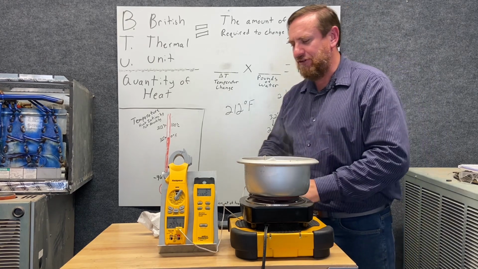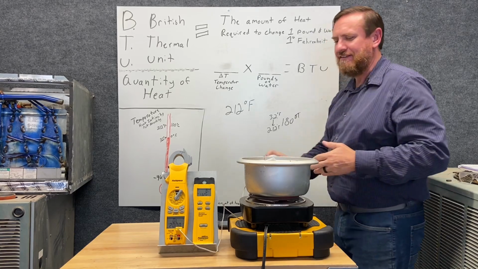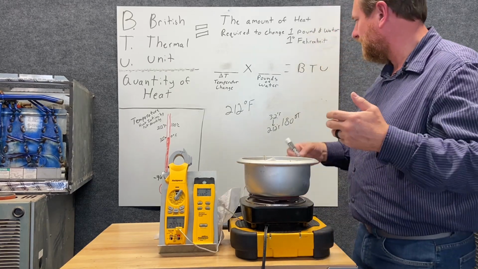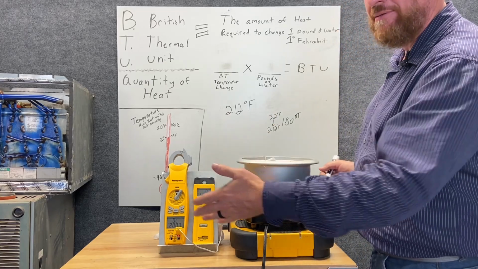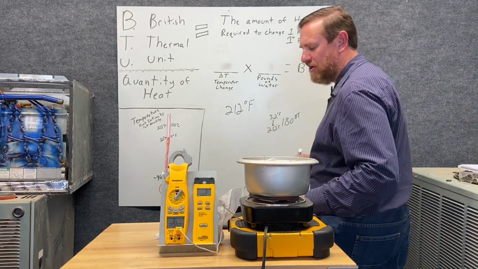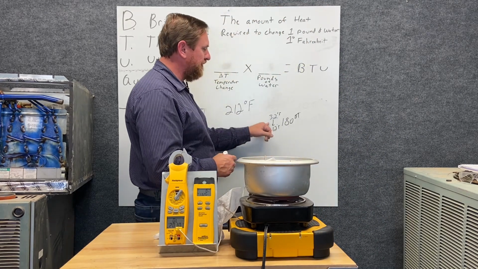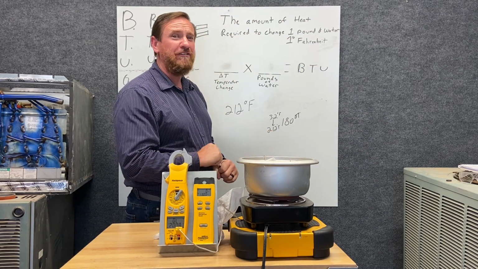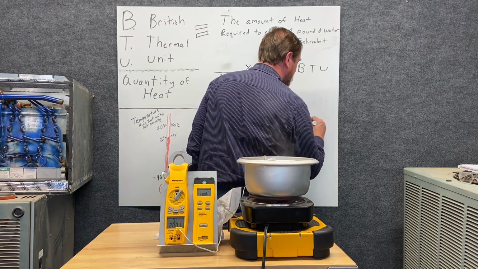Now the next thing we're going to do is continue to add heat energy to this water. As we continue to add heat energy, we're going to see the temperature of this water is not going to change at all. Everything we talked about so far, the changing temperature of water from 32 liquid to 212 still in liquid, is 180 BTUs. This is called sensible heat.